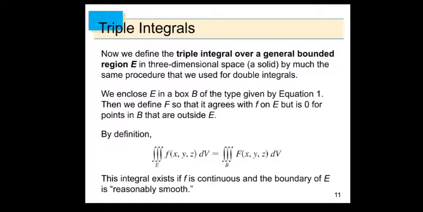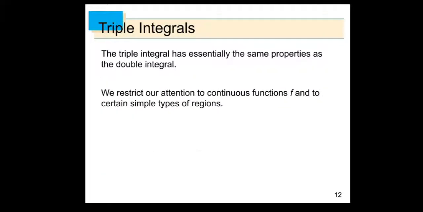But if it lies outside, then it would be equal to 0. It will not be equal to our particular function. So our triple integral has essentially the same properties as a double integral. We restrict our attention to continuous functions f and to certain simple types of regions.